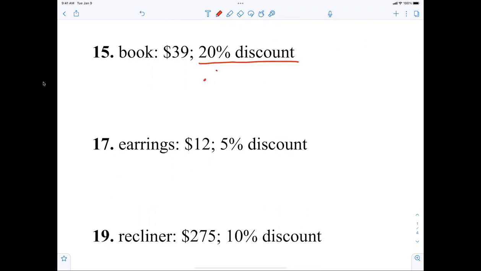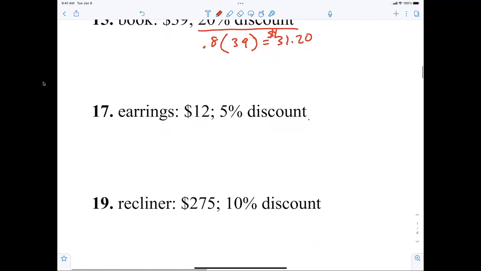Yes. So 0.8, then what? Times 39. You are amazing. 0.8 times 39. Tell me what that is, please. It's 31.20. Yes, but we're going to say it is money, $31.20. All right, very nice.